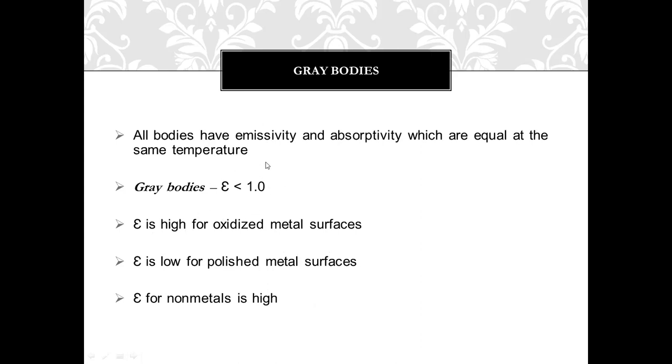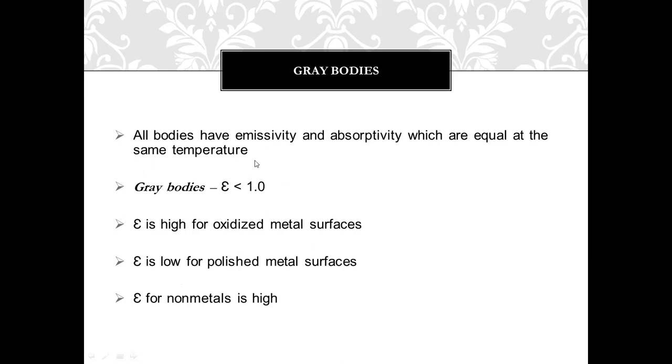It follows that their absorptivity is also less than 1. Now, emissivity for oxidized metal surfaces is high, and low for polished metal surfaces. For non-metals, we expect that this particular emissivity will be high, but nonetheless, it's still less than 1.0.